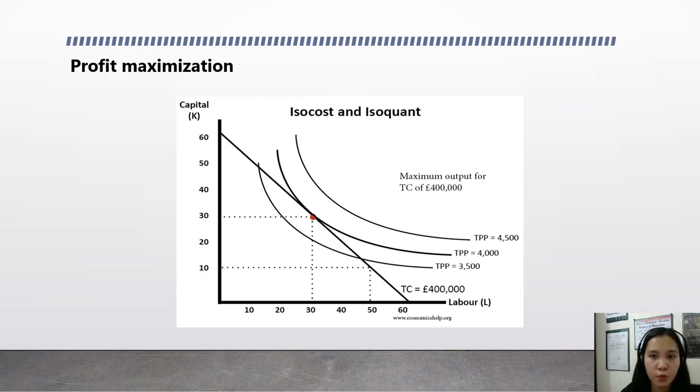It is produced at, say, 13 units of capital and 48 units of labor. It would only be able to produce a TPP of 3,500. A TPP of 4,500 is currently not possible without increasing cost beyond 400,000 total cost.